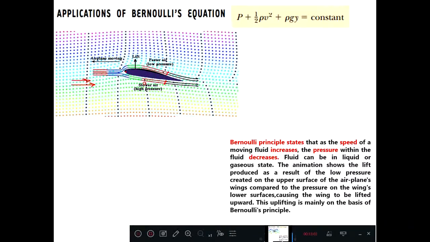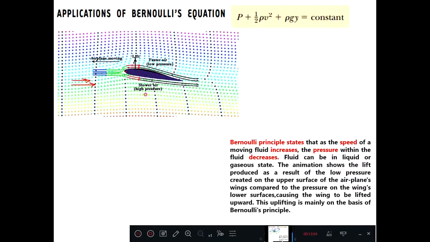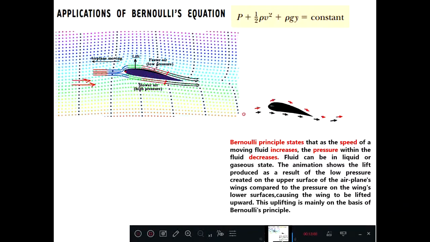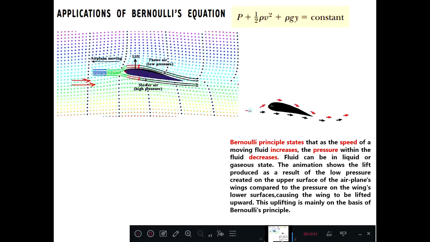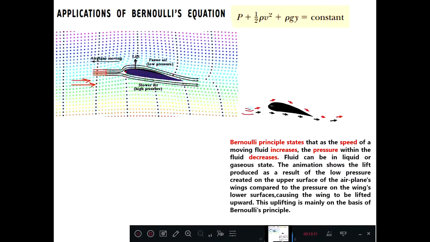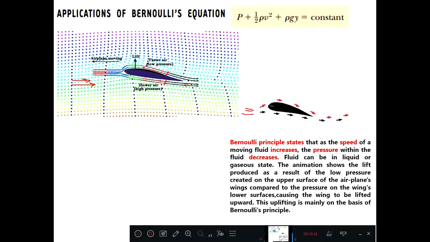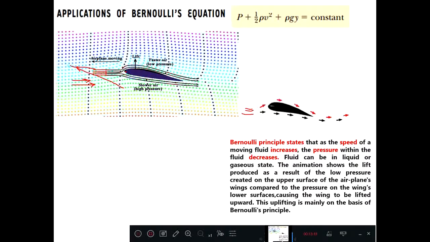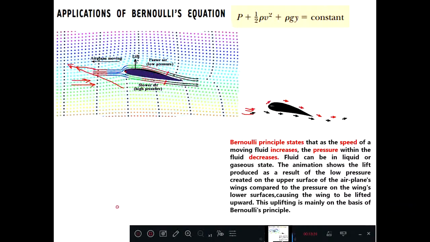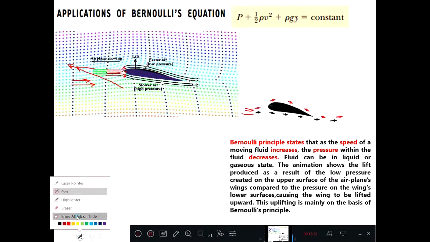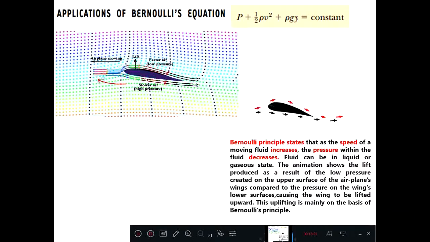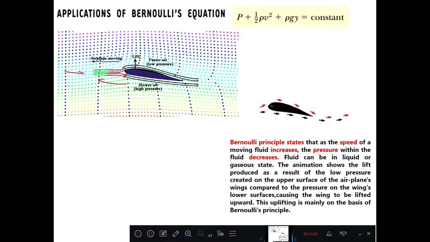Okay, so what exactly will happen here? Just look at this picture. The air particles will be coming like this, and they are hitting. This is the movement of the air particles. You all can see here, the aeroplane is moving in this direction, and the air is moving in this direction.